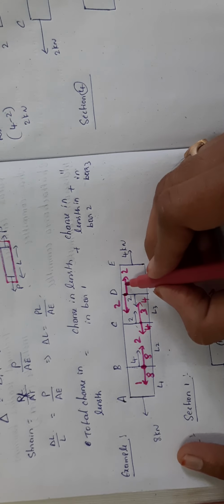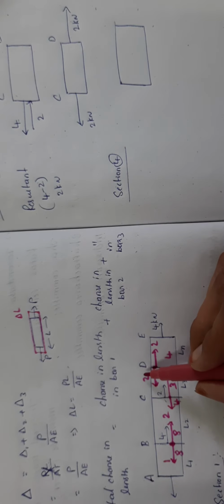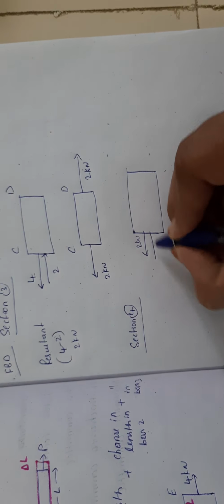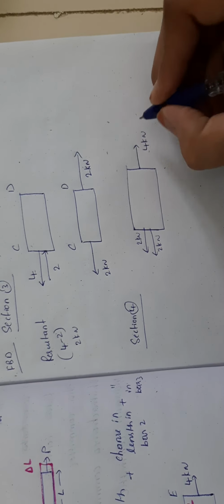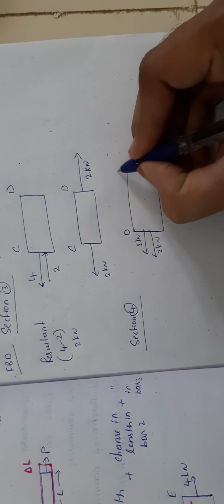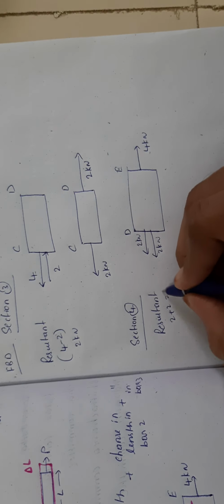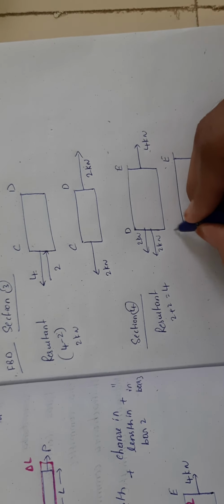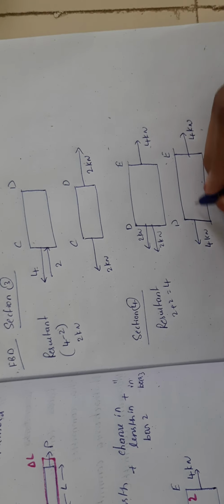Now this 2 kilonewtons is already mentioned, so there will be this 2 kilonewton force and another 2 kilonewton force. So at this section you already know it is 4 kilonewton force. It is D. Now the resultant force will be 2 plus 2, 4. Now the free body diagram will be at section E and section D. This is 4 kilonewton and this is 4 kilonewton. This is section 4.